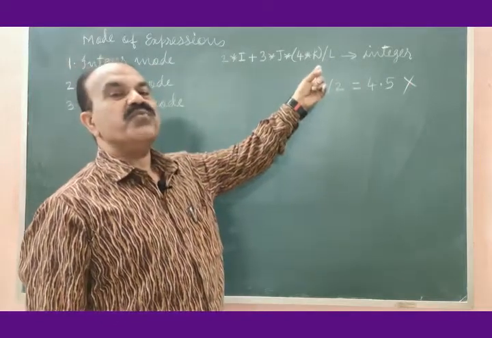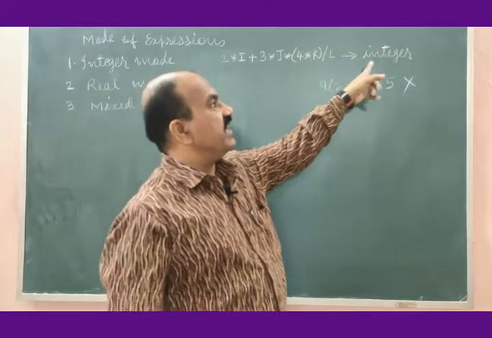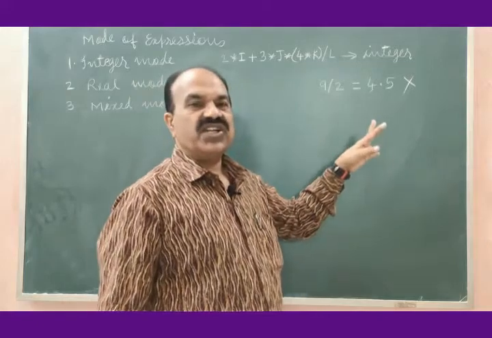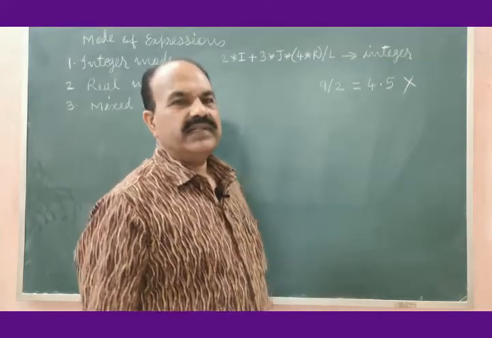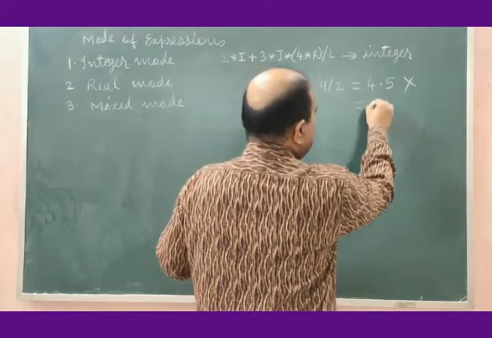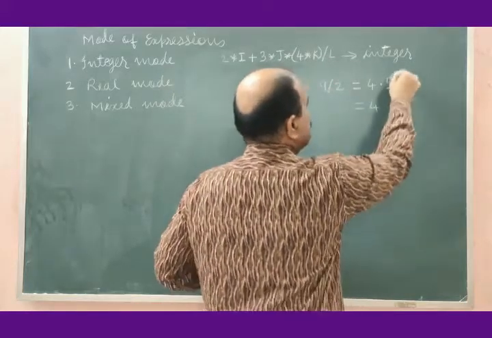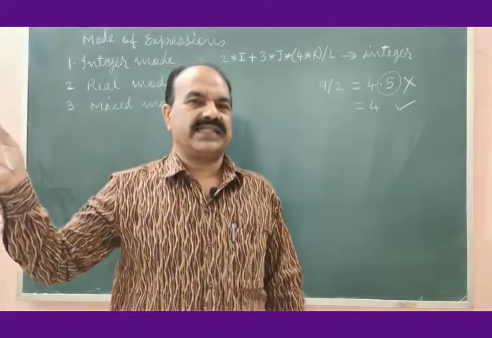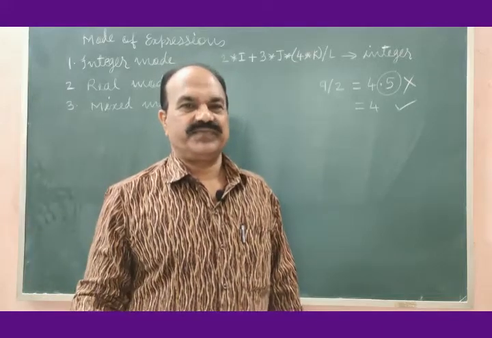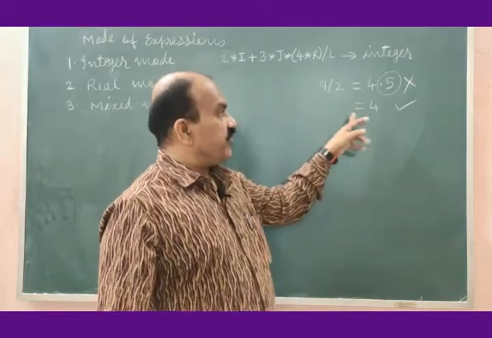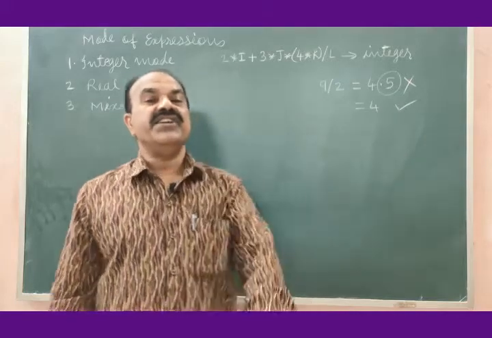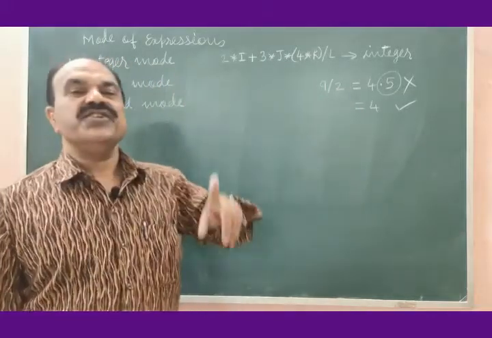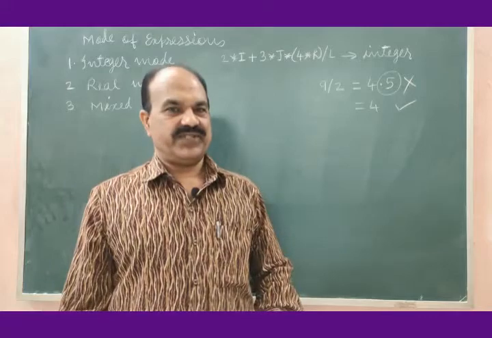Whenever you have an integer mode arithmetic expression, its result will be integer. There is no rounding off. Truncation will be there, and the correct answer is only 4. This 0.5 is simply cut, not rounded off. So 9 by 2 is 4. It is integer division.